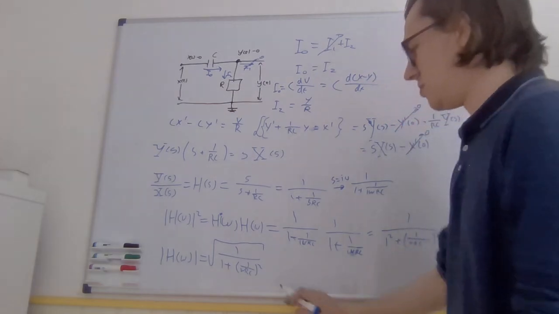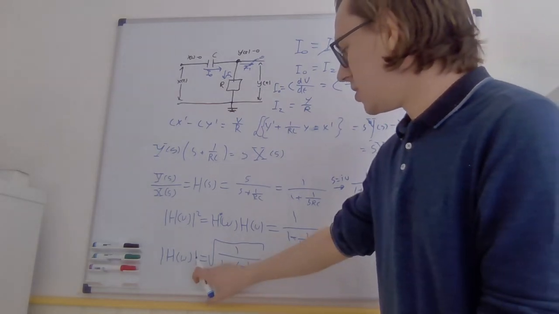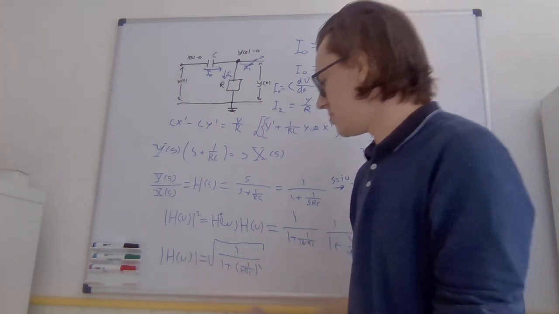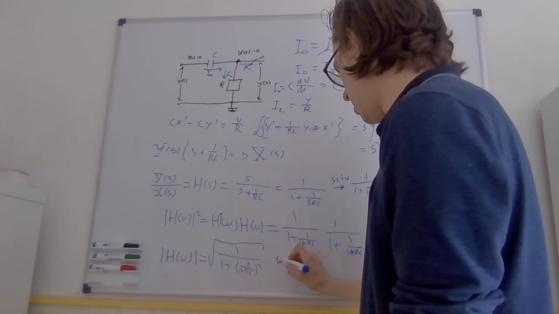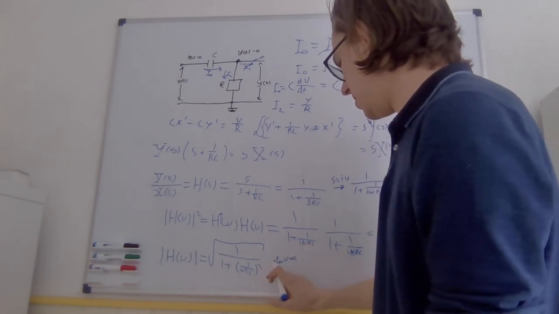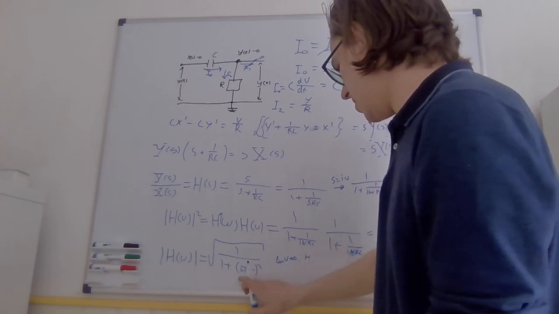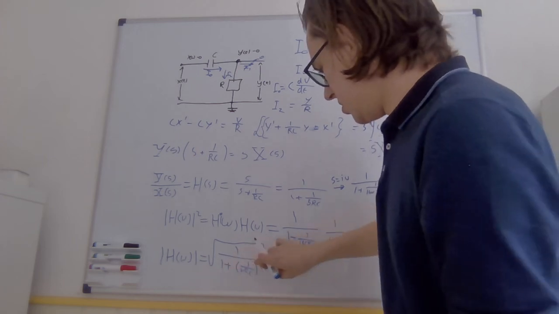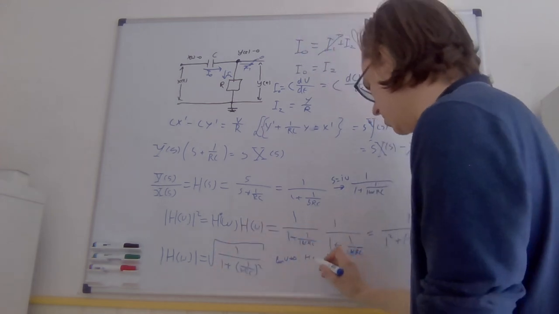And now we want to find out the low frequency and high frequency behavior. So we take the limit as omega goes to 0, and we find that if omega gets really small, this expression gets really big, which in turn means that this whole fraction goes to 0.